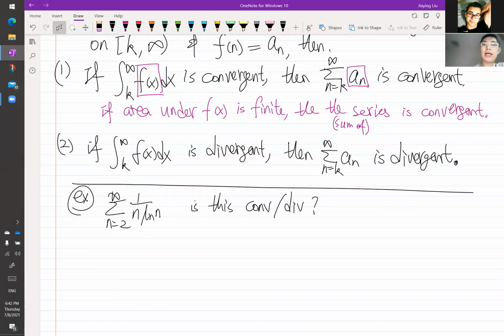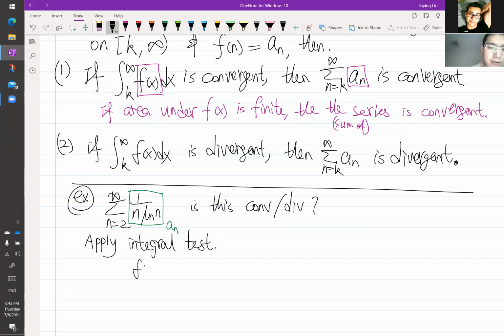Well, let's try to apply the integral test. This part is a_n, right? The formula for each element in that series. The first thing I'm going to do is write down the function.